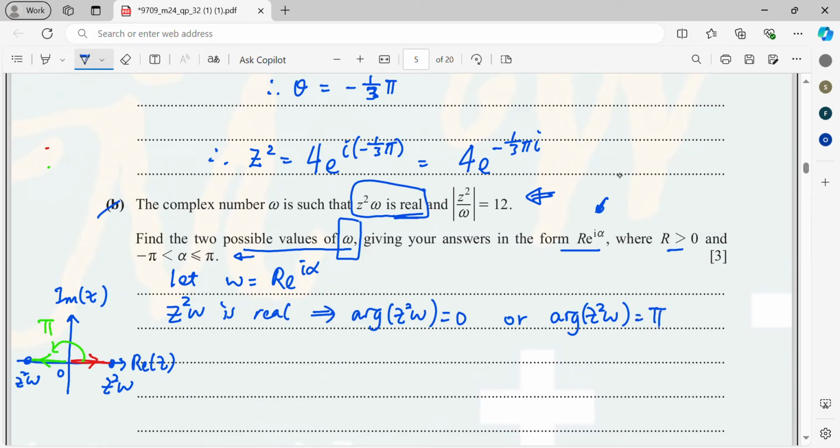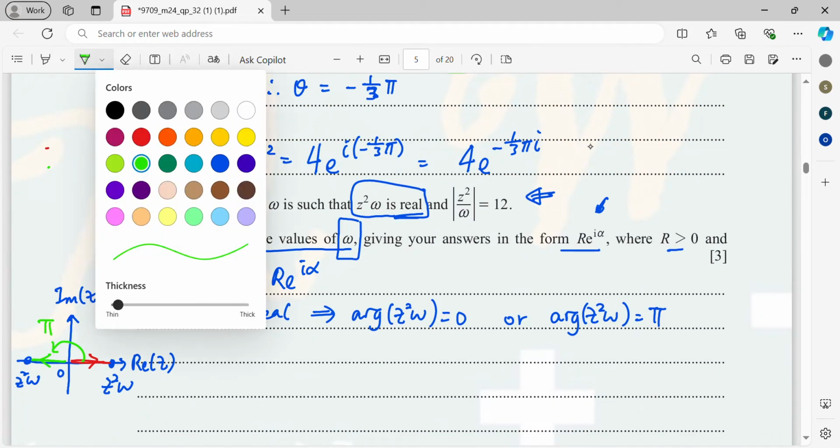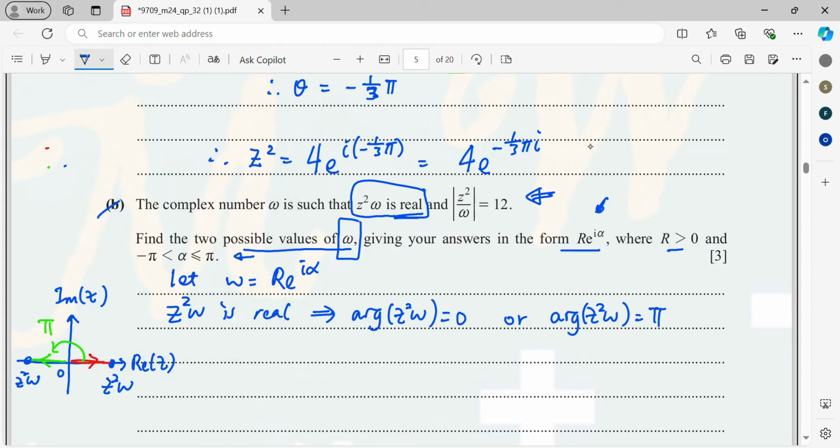So we have 2 answers. Now, from the previous part, when you have argument z squared, it will be 2 of argument z. How to get it? It's actually argument z plus argument z because of the multiplication. So use this concept. Which means here I will be getting argument z squared plus argument w equals 0.